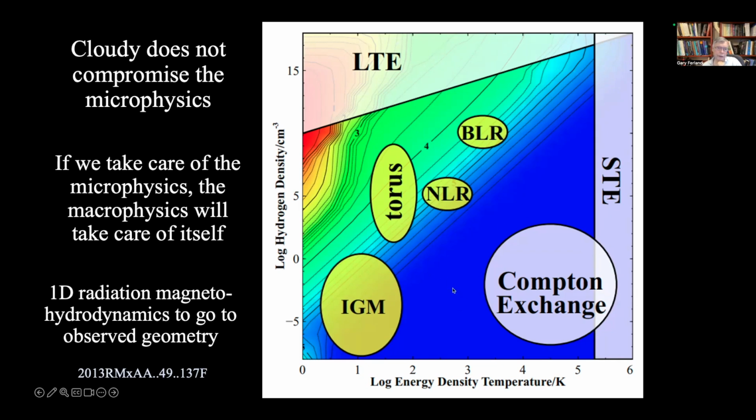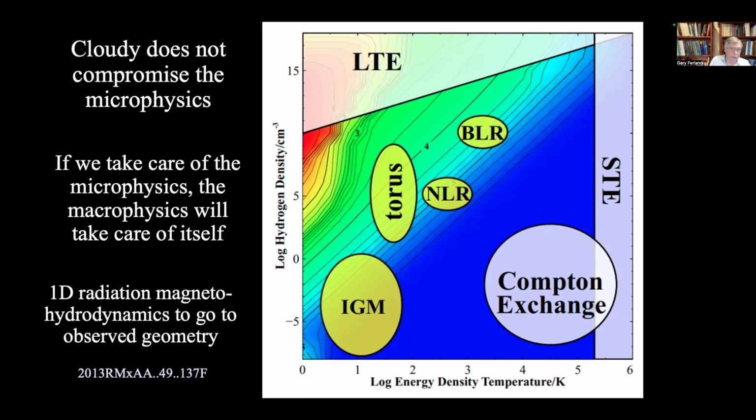The colors here indicate the ionization of hydrogen, with blue indicating fully ionized hydrogen and red indicating molecular hydrogen. So the hydrogen ionization goes through huge ranges across this plot. The yellow bubbles indicate some commonly observed astronomical sources.